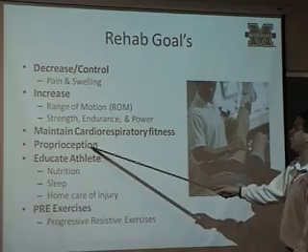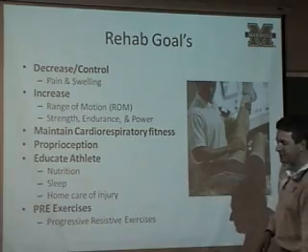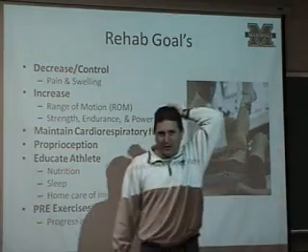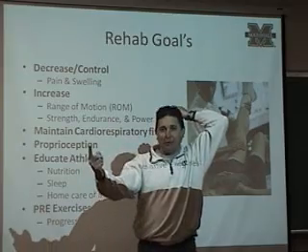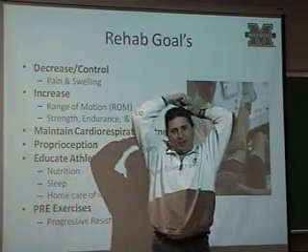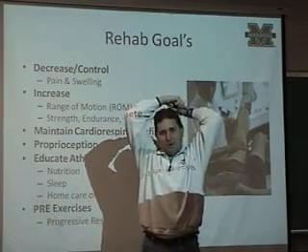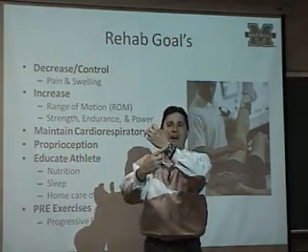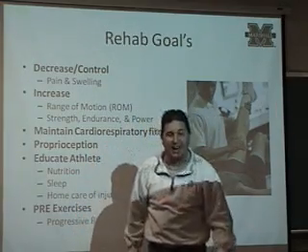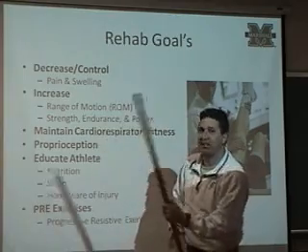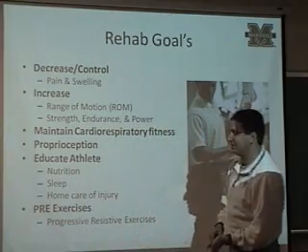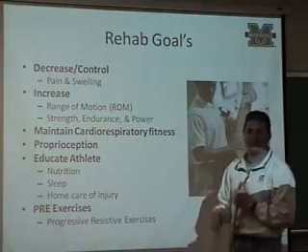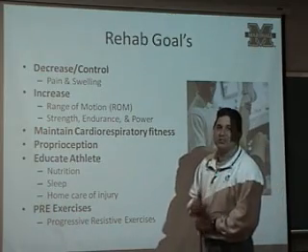The next is proprioception. Proprioception is if you take your left hand and put it behind your head like this, and take your right index finger and touch your left wrist. How did you know where your left wrist was at? That's proprioception. You have sensory receptors in your joints that tell where the joint's at in space without you seeing it.